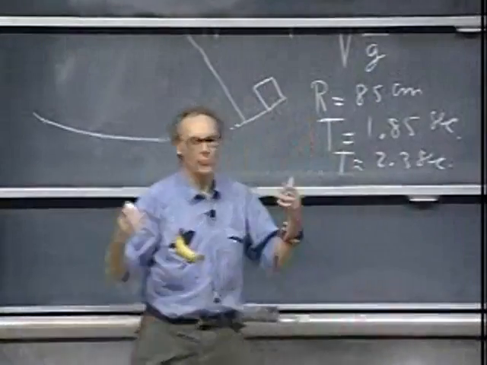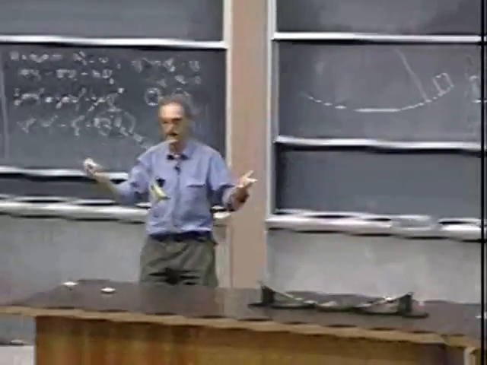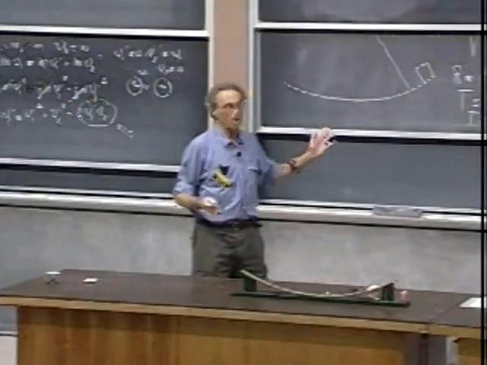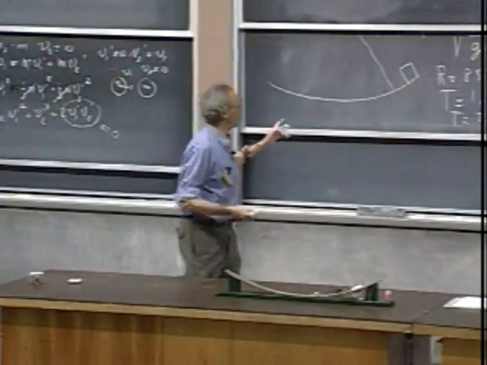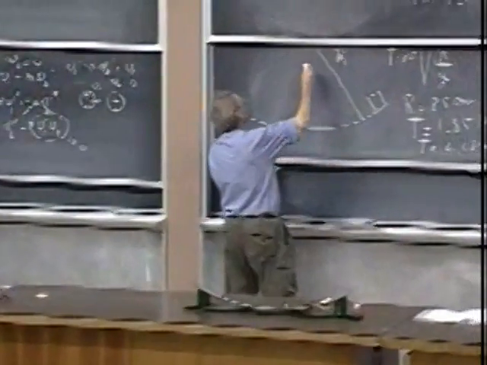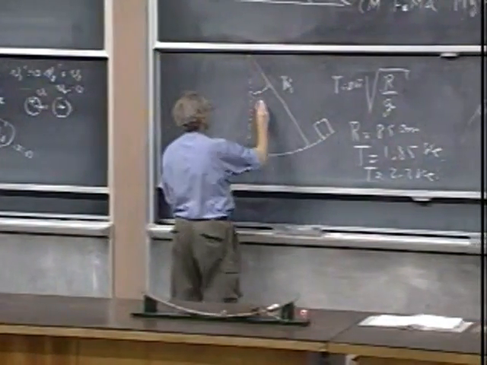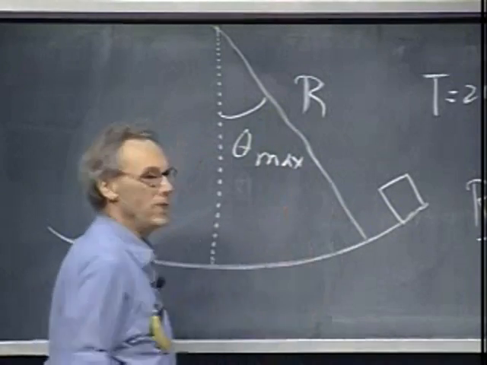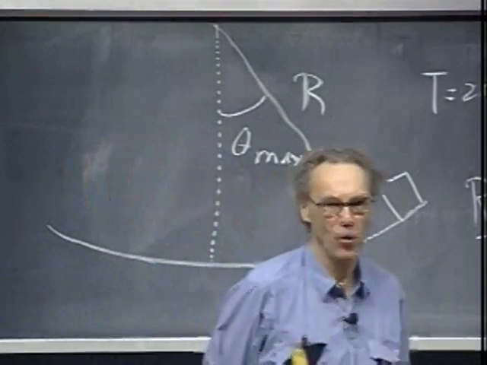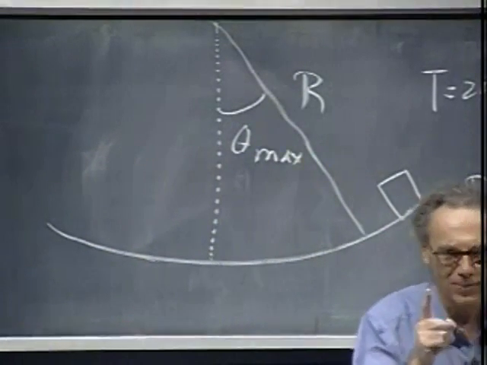And I asked you at the end of the lecture, why? And some of you said, well, the radius is smaller. That was no reason, because the displacement angle, theta maximum, was so small that that could never explain why the period was so much larger. But now you know.